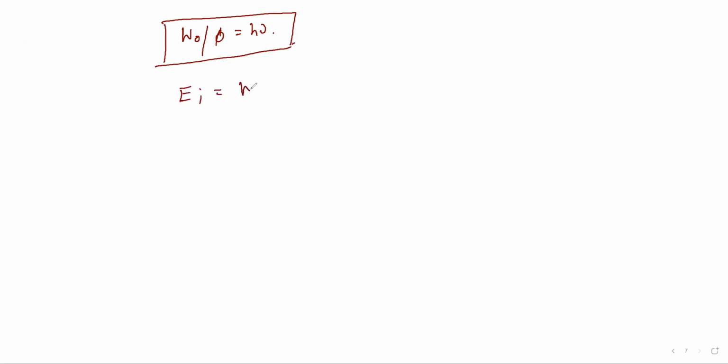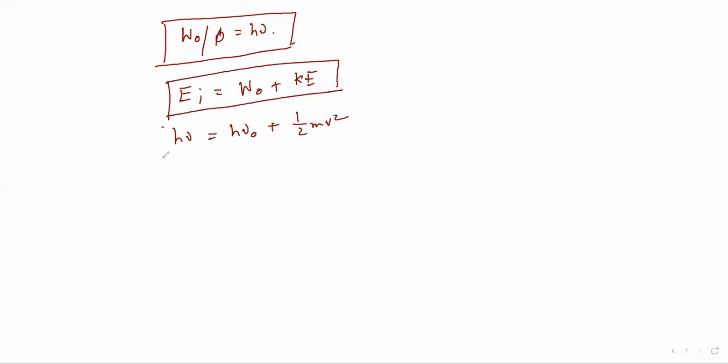First write down the formulas which are basically used. First one is W naught or phi equals h nu naught. Second formula, E_I equals W naught plus kinetic energy, which you can write as h nu naught plus half m v square.